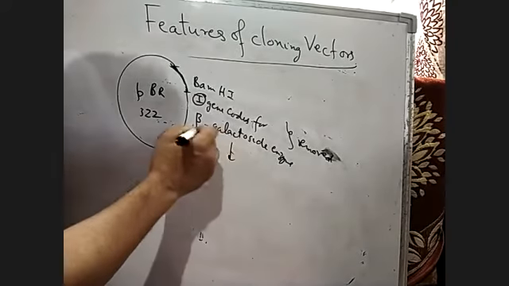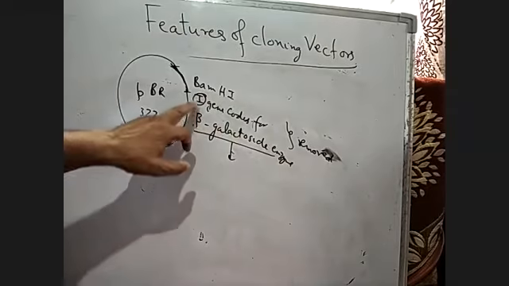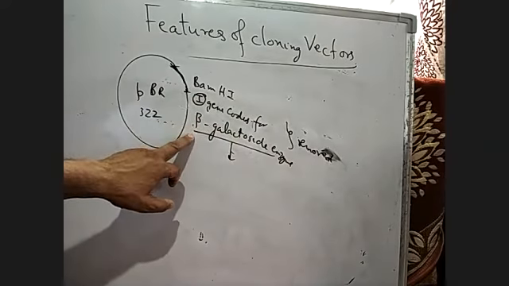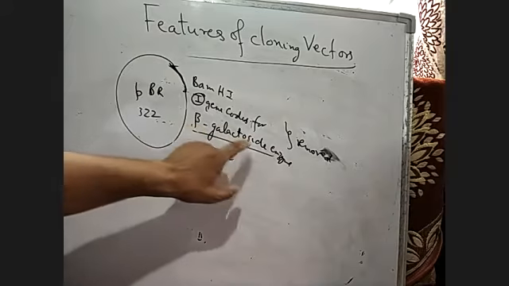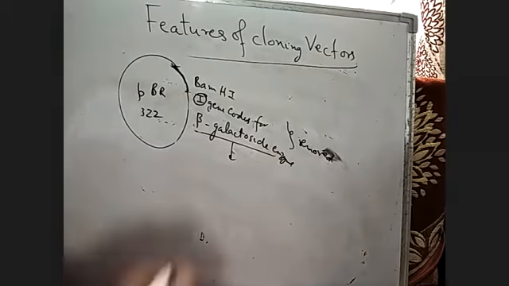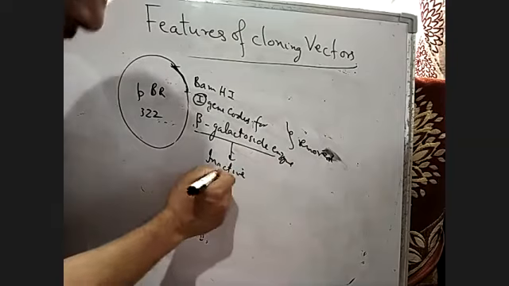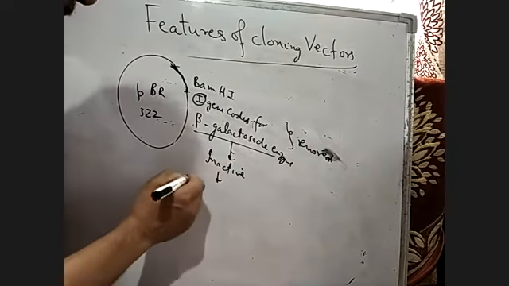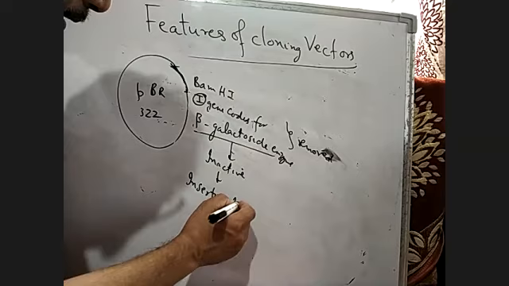If you remove this gene, the beta galactosidase enzyme will become inactive, and this is called insertional inactivation.